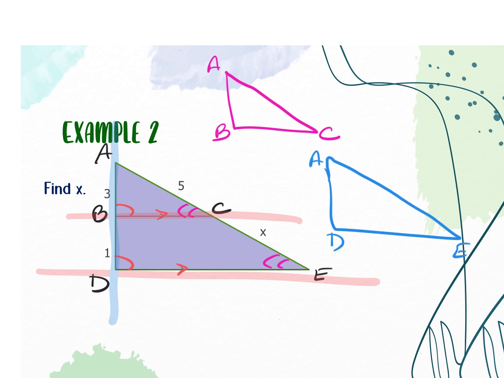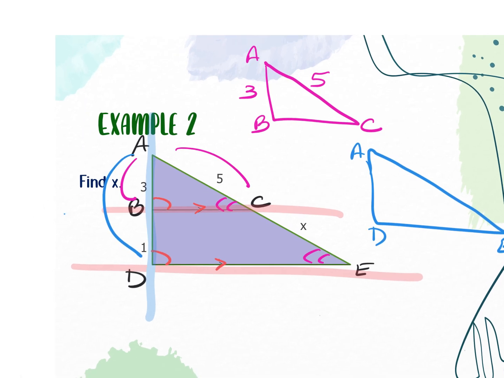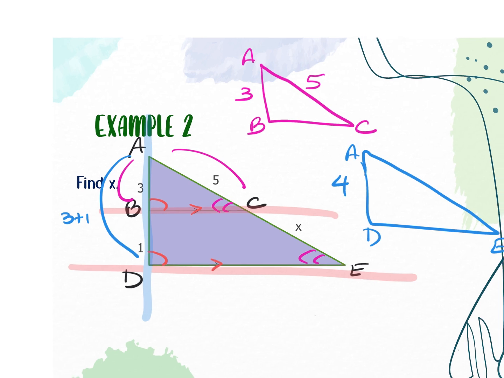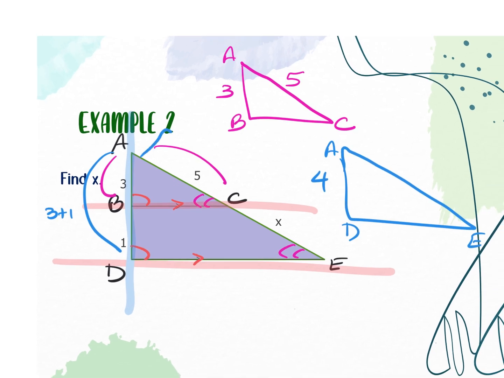So now that I've established that they are similar, the small one has a length AB here is 3 and AC is 5. However, to find the length of AD, I need to add 3 plus 1, and AD is 4. AE over here, notice it's got a 5 and an X, so its length is X plus 5.